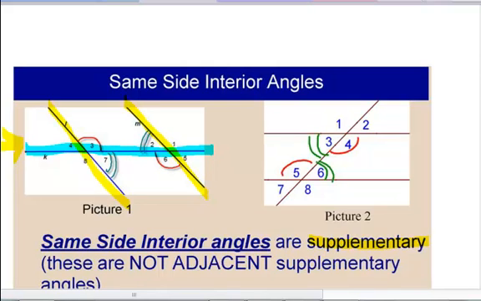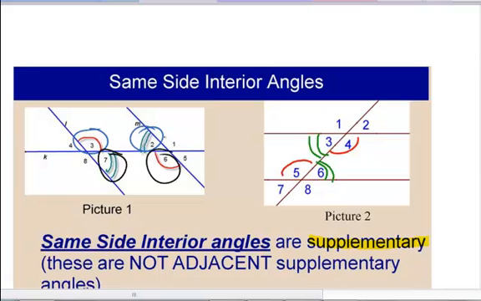So we're looking at the angles that are interior of the two parallel lines. And this time we're looking on the same side of the transversal. So angle 3 and angle 2, we're looking at their relationship, and angle 7 and angle 6, we're looking at their relationship.